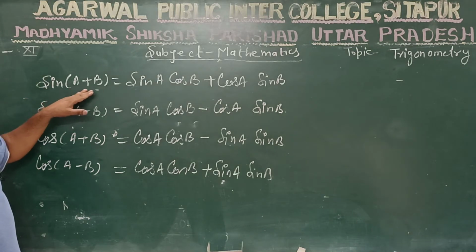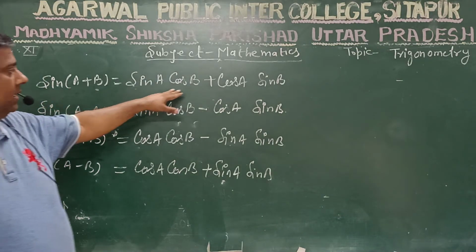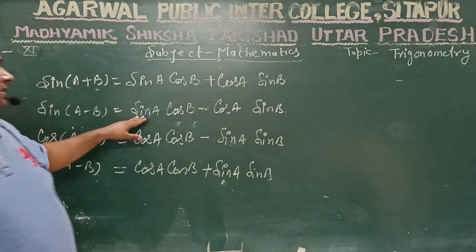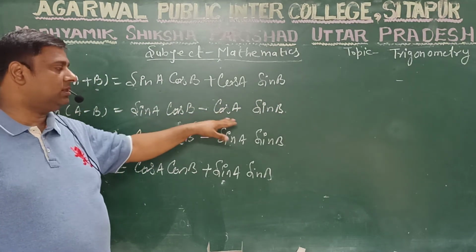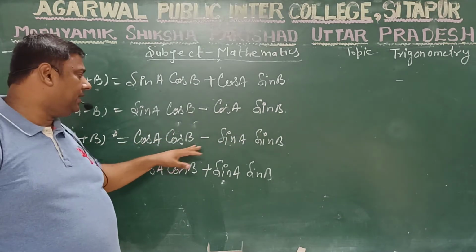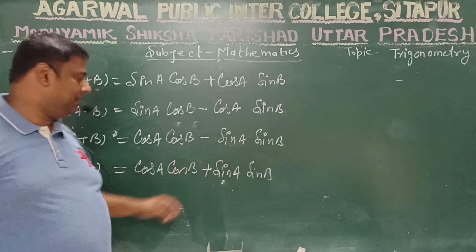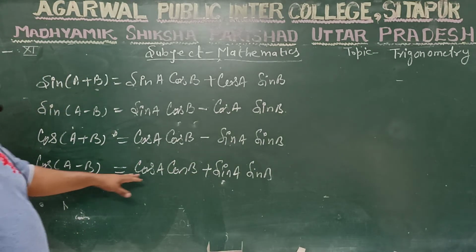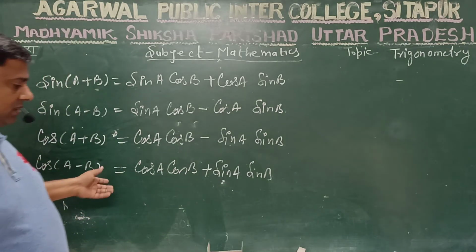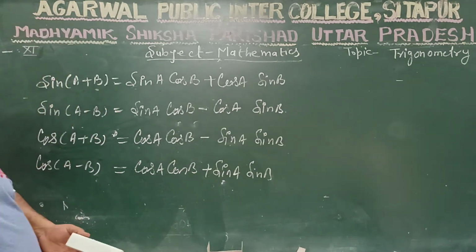Sin A plus B is sin A cos B plus cos A sin B. Sin A minus B is sin A cos B minus cos A sin B. Cos A plus B is cos A cos B minus sin A sin B. Cos A minus B is cos A cos B plus sin A sin B. First, note these down.